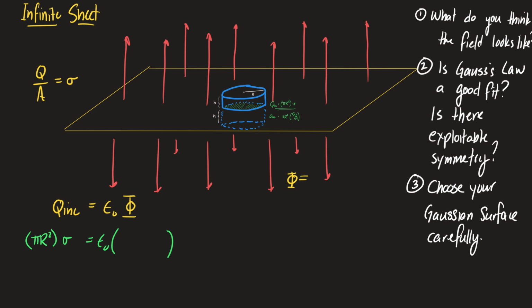Our flux has to equal the sum over a closed and bounded surface of the electric field times the area, taking into account the direction between the electric field and the area. I'm going to take our surface and break it down into three separate parts: the top, the bottom, and the sides.